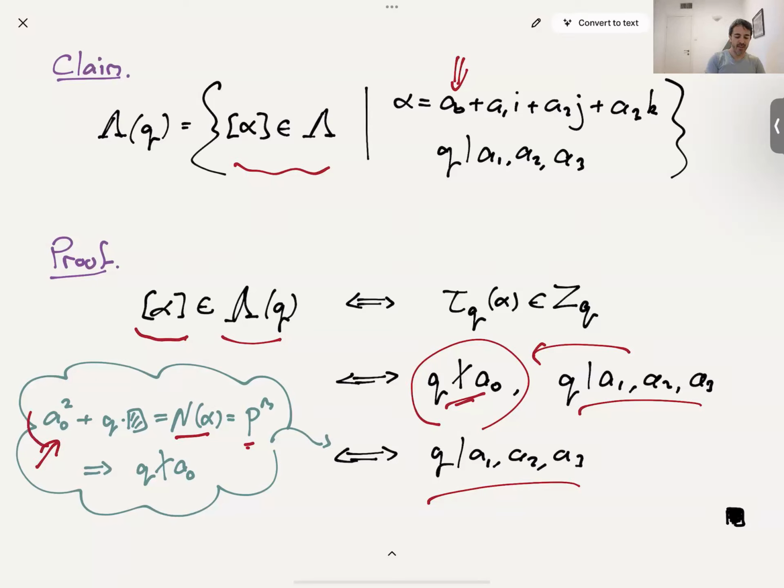So you get a0 squared plus q times something equals p to the m. If you take modulo q, you see that a0 cannot be divisible by q because p is another prime, coprime to q, right? Okay, so we know what lambda q is.